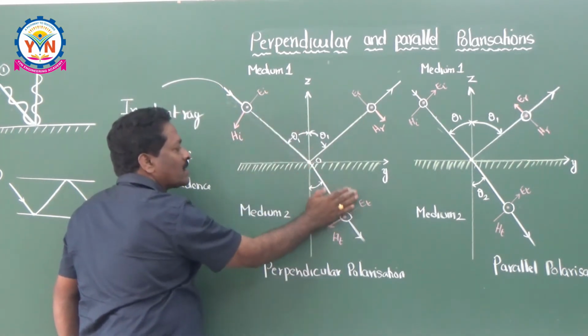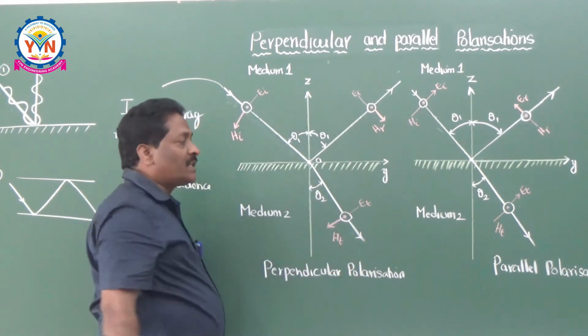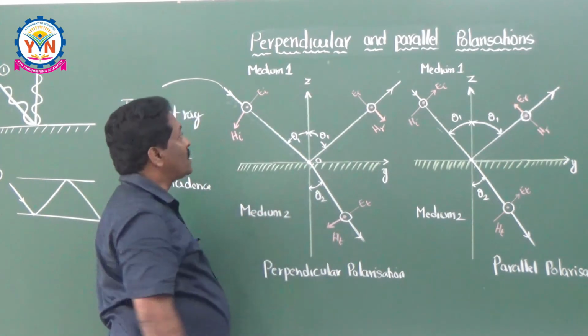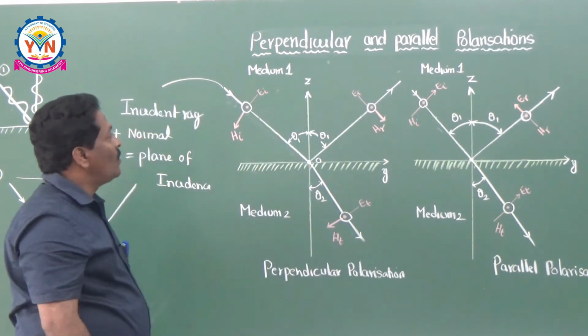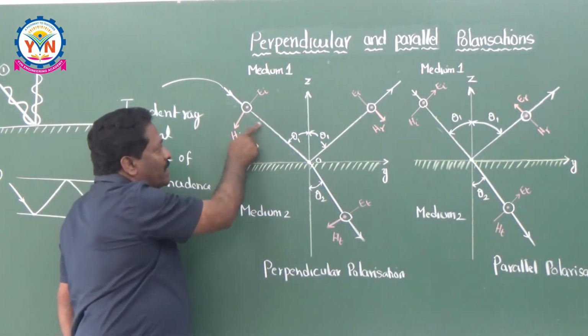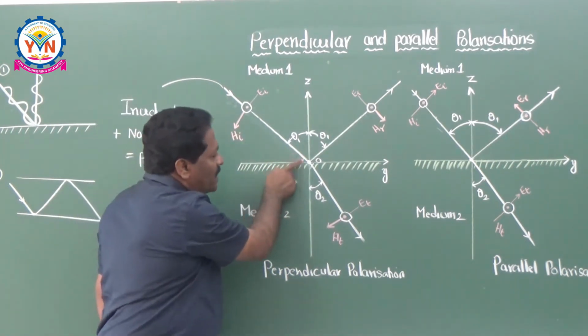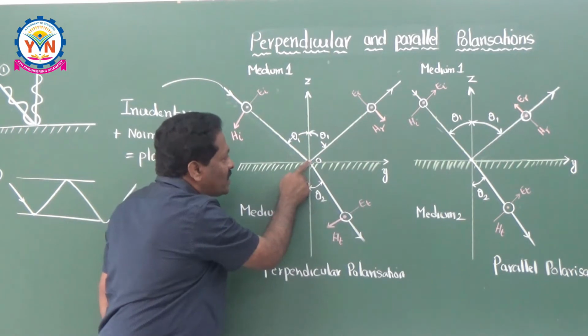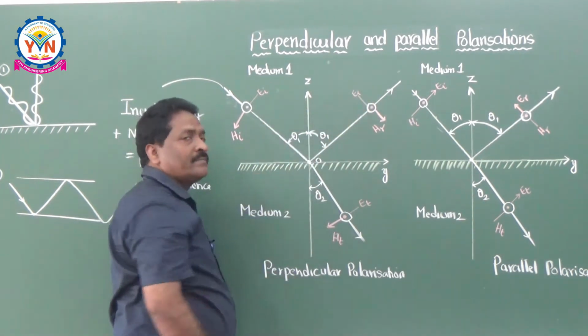This is called the plane of refraction, or otherwise transmission, which is in medium 2. This is medium 1 and this is medium 2. Whenever the wave is coming like this, transmission will be in the same direction, but the reflection will be in the opposite direction, of course in the same medium.